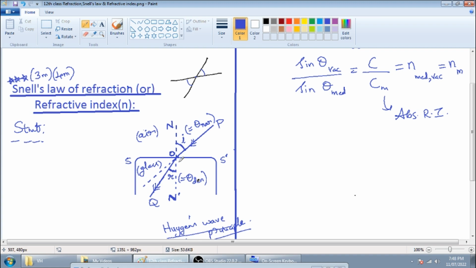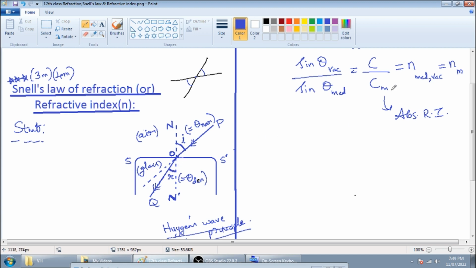For example, when a person is walking through air, he can walk at normal speed, but if he has to walk on a river bed or sea bed, through water, then water is a more dense medium and he will face more difficulty. The same thing is found to be true in the case of waves also, including light waves. So in a rare medium, light waves can travel faster. In a denser medium they will travel slower.